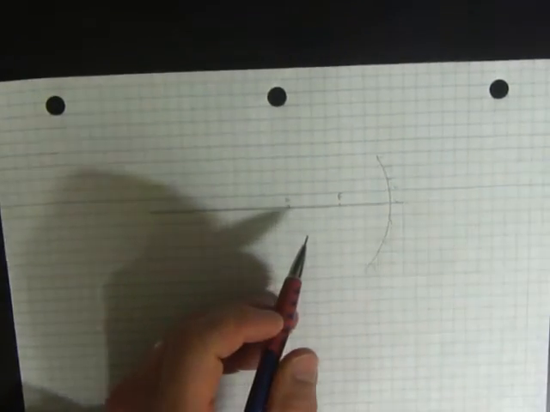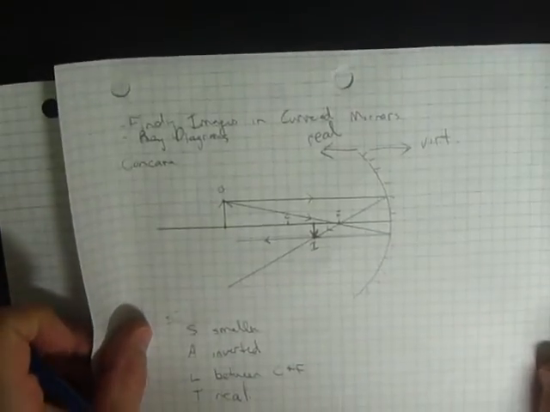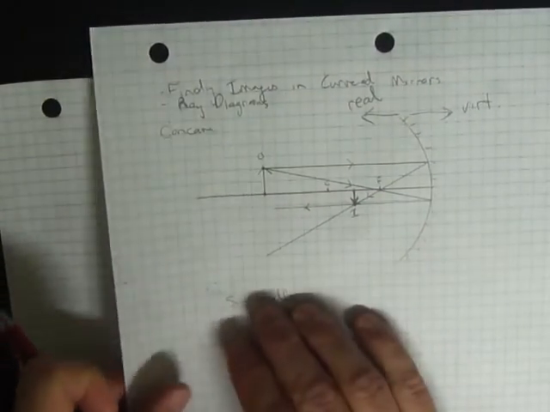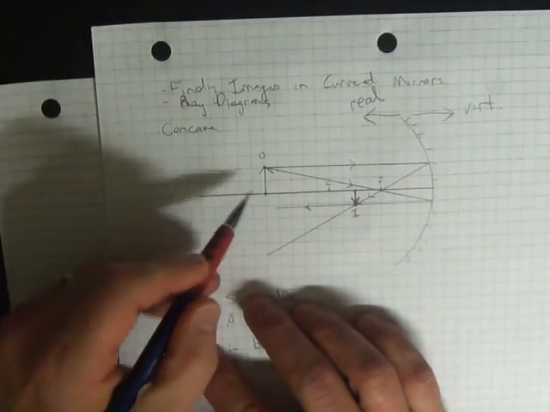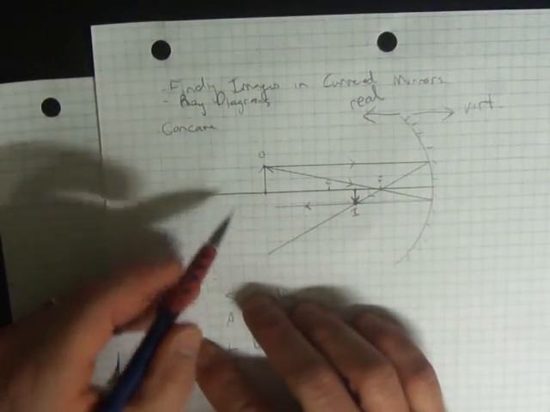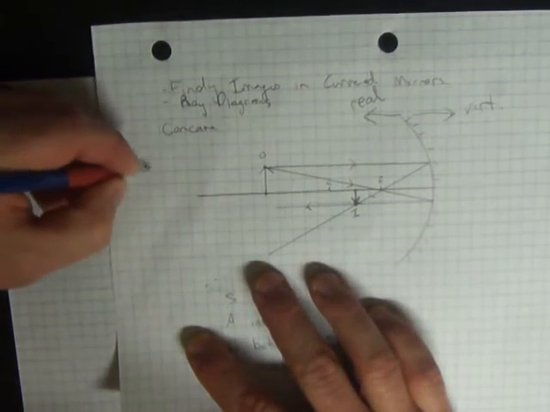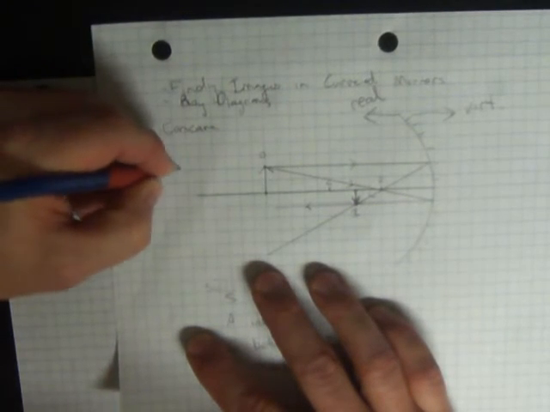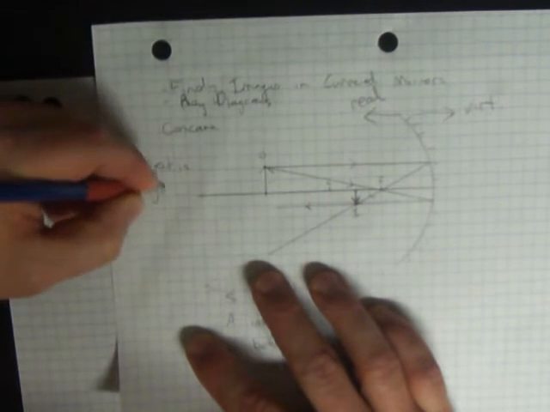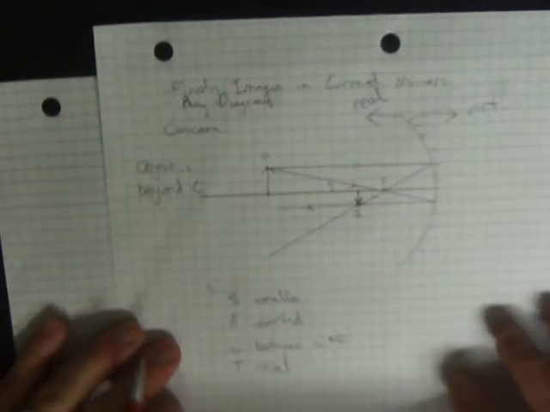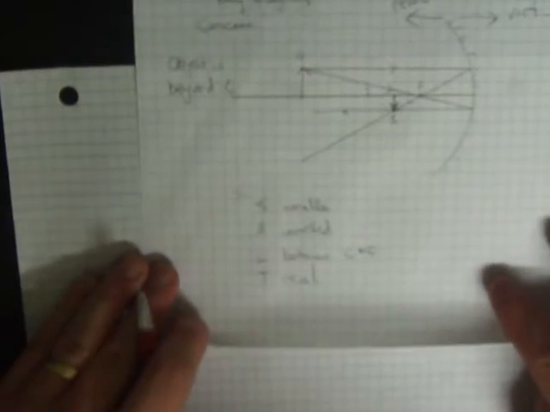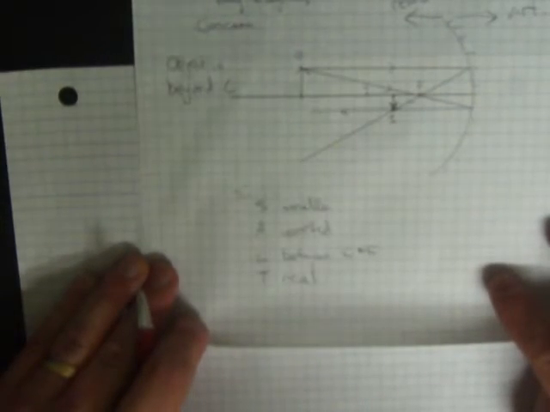So what I want to do is cover all of the important spots. On my last picture, notice the object is beyond C, outside of C. And that's what we get as our characteristics of the image.